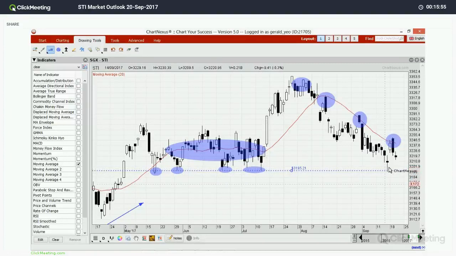And in fact, this last week itself, it tested the level again, and that's where the market was rebounding. So the STI is on a downtrend, but the downtrend seems to be taking a breather, or more likely would be taking a breather first, because it's now near a key support level.